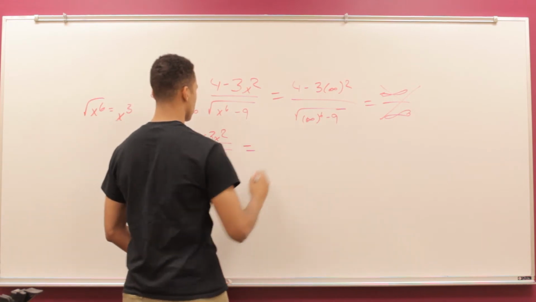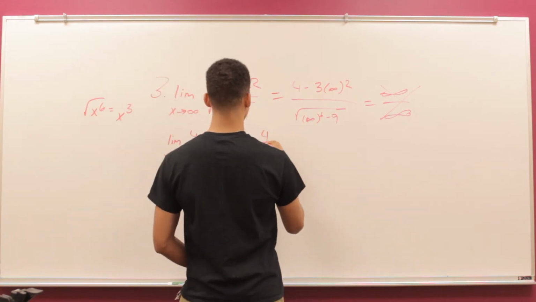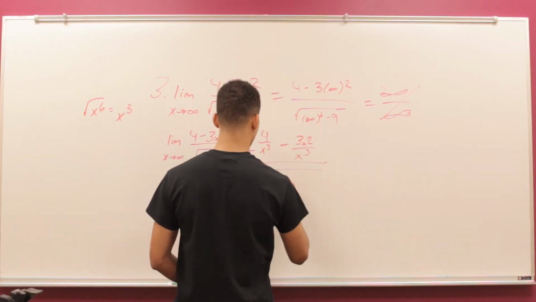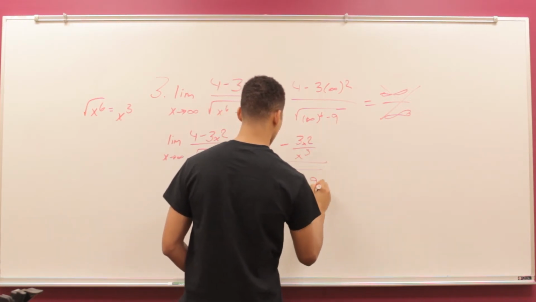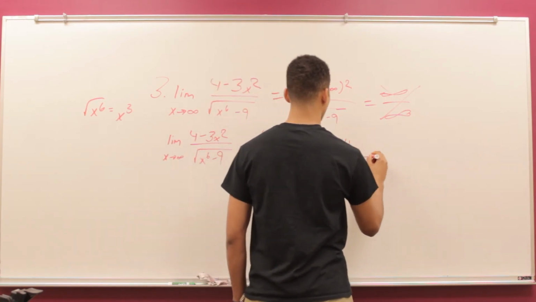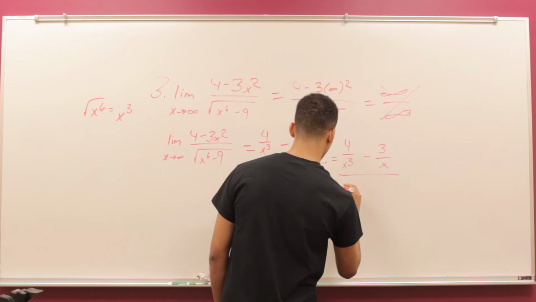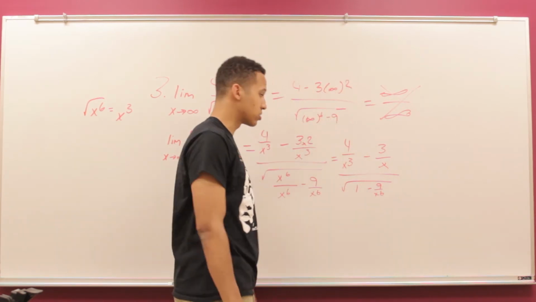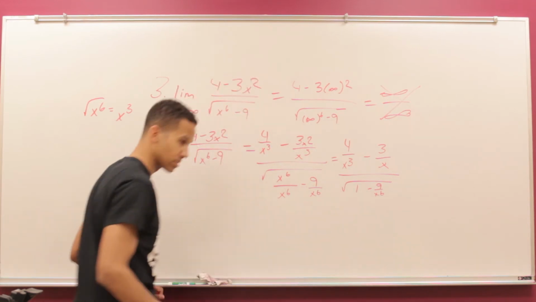So, let's see how this goes. 4 over x to the 3rd minus 3x squared over x to the 3rd, over the square root of x to the 6th over x to the 6th minus 9 over x to the 6th. So 4 over x to the 3rd minus 3 over x, over the square root of 1 minus 9 over x to the 6th. Now that we're at this stage, we can start to plug in infinity.